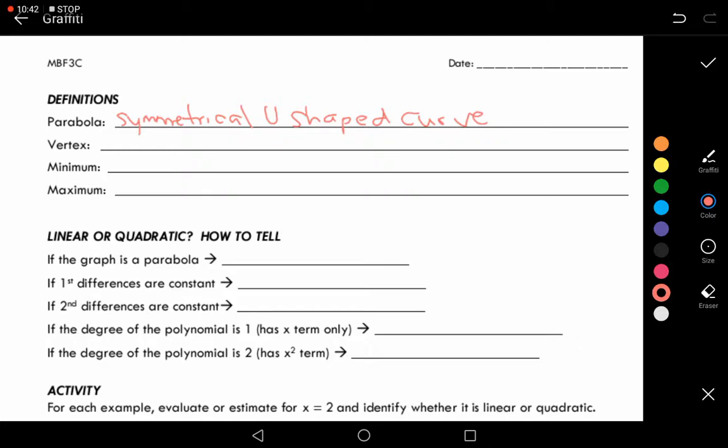Okay, the vertex is your lowest or highest point on the parabola.